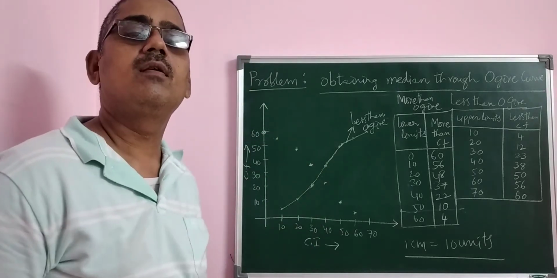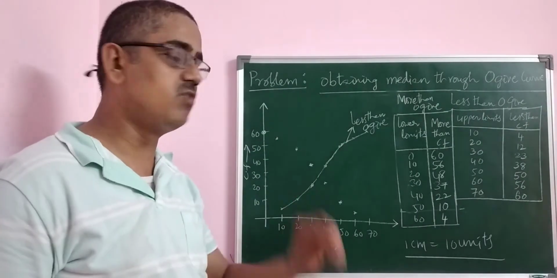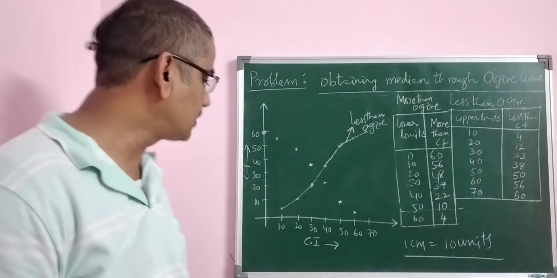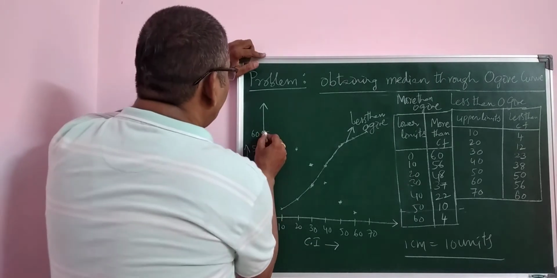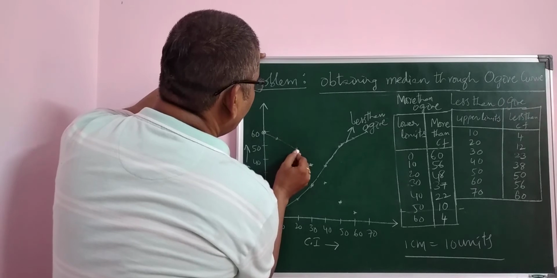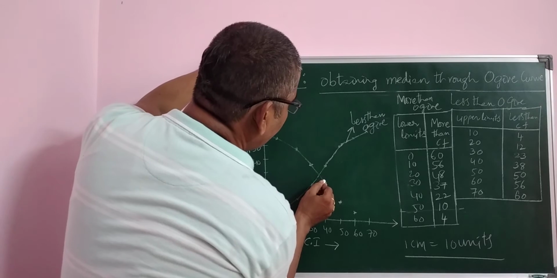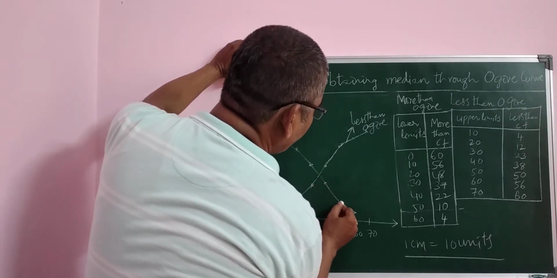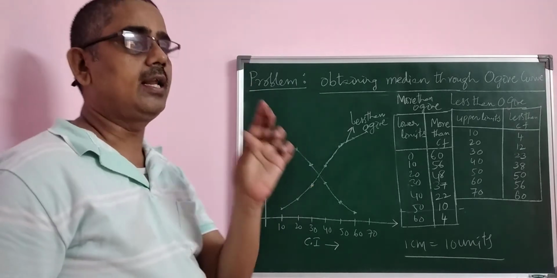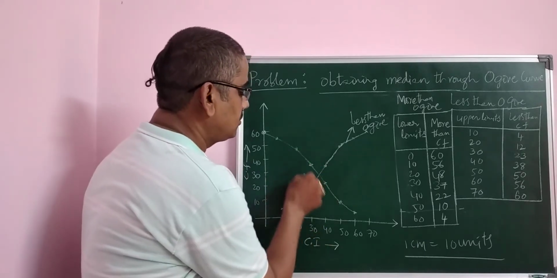Hope you understand. This is plotting more than cumulative frequencies against lower limits of the class intervals. Now if you join these points by smooth freehand curve, without using the scale, we have to join those points at a shortest distance, that is from here to here. We should not join like this.